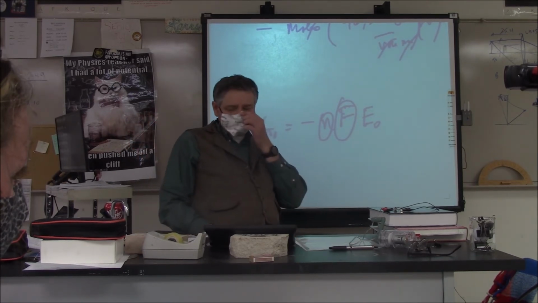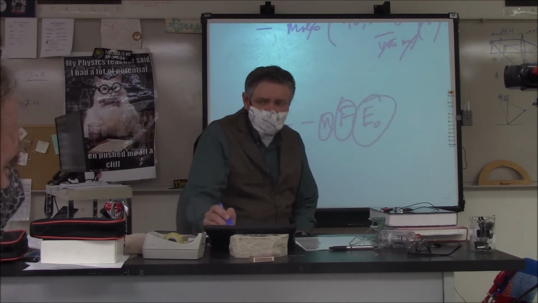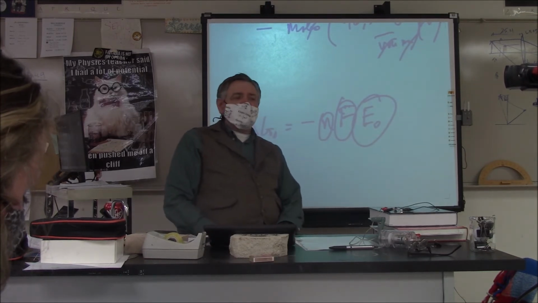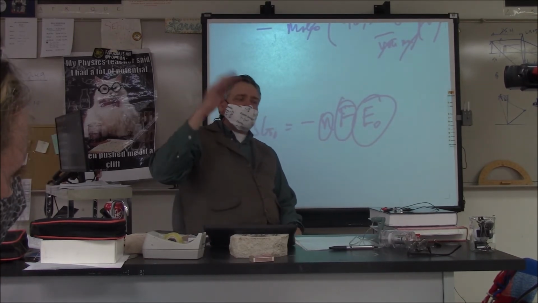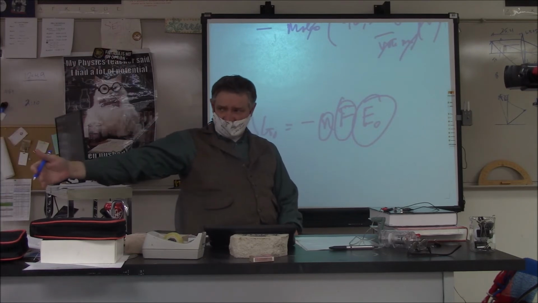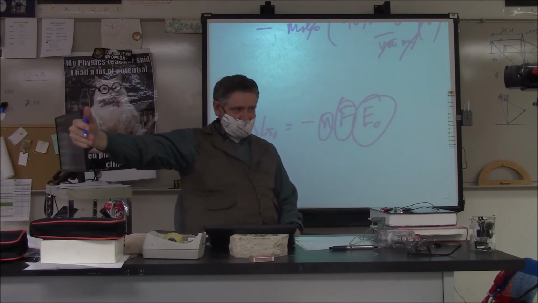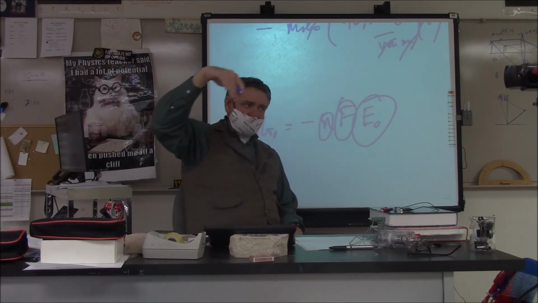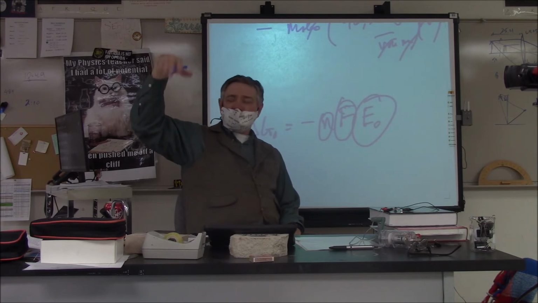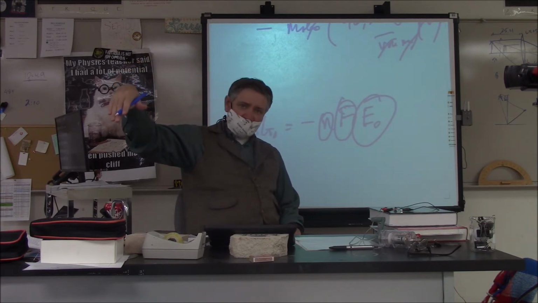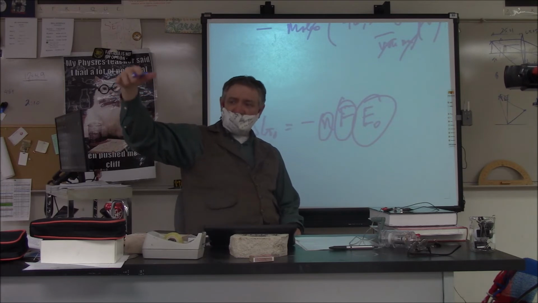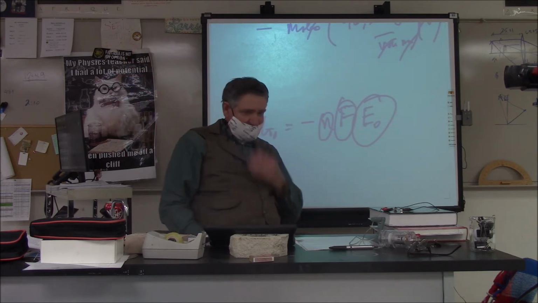But then you get into E naught. Well, think this through. If E naught is a positive value, look at what you know so far. Is the reaction spontaneous? Yes. Positive E naught values make spontaneous reactions.